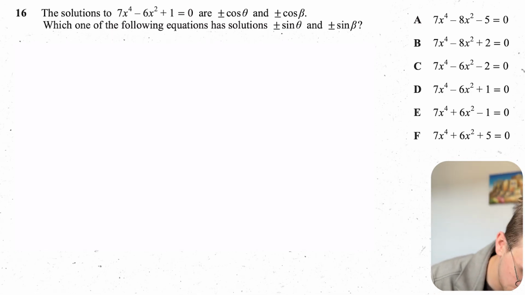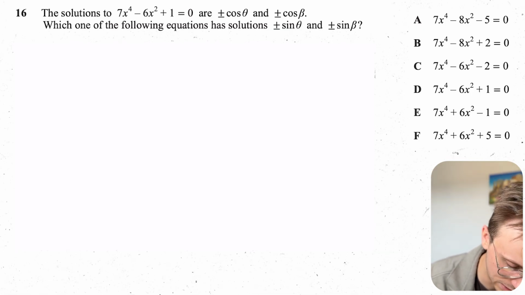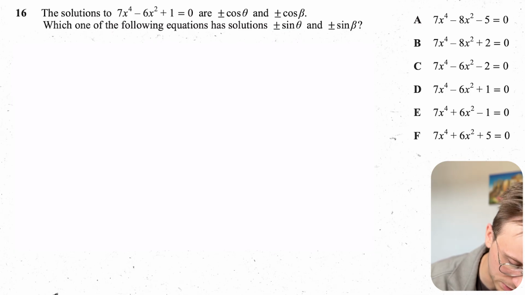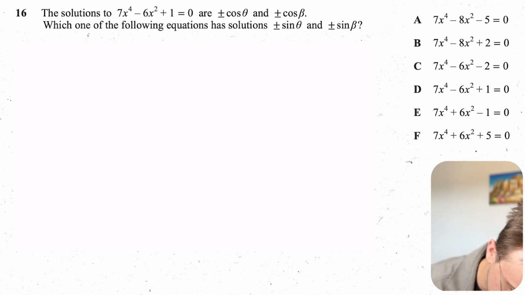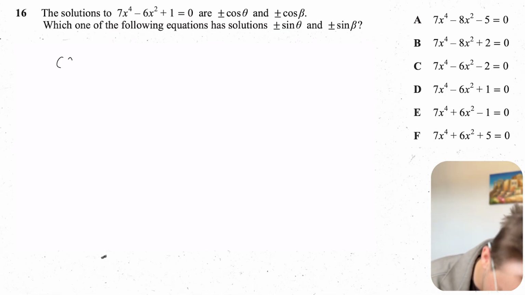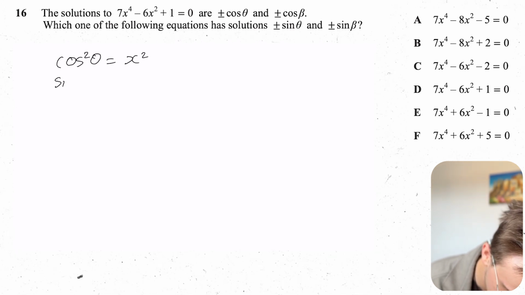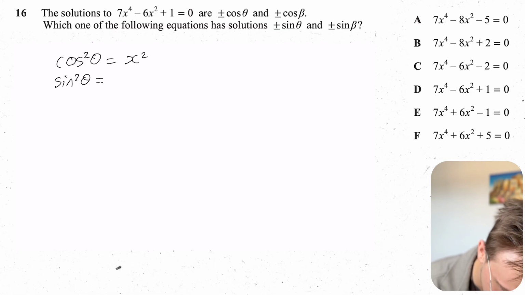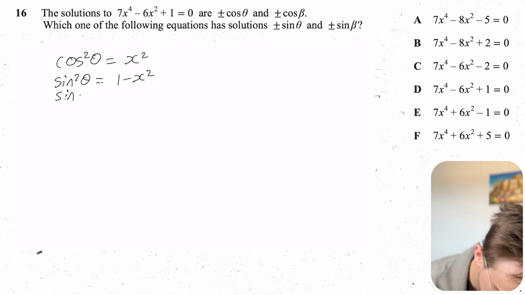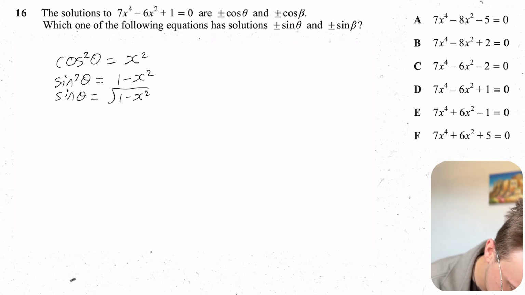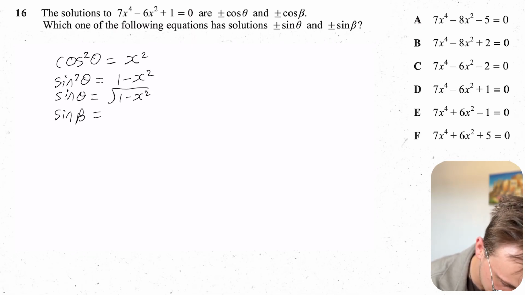So if x equals plus or minus cos theta, and x equals plus or minus cos beta, then if I want the other one to have solutions to that, I want to use the identity: x squared equals cos squared theta, then sine squared theta equals 1 minus x squared, sine theta equals square root of 1 minus x squared, and similarly sine beta equals square root of 1 minus x squared.